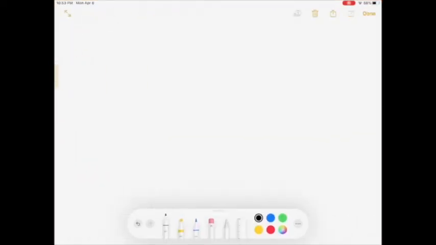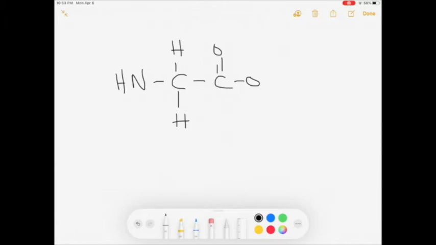at glycine. So we have our alpha carbon, and it has the carboxyl group and the hydrogens. We have the amino group.